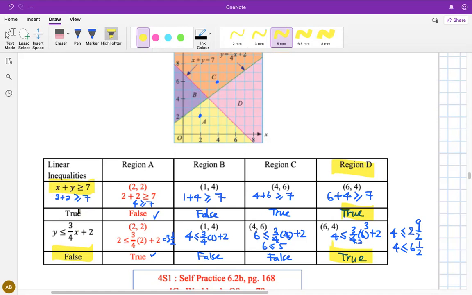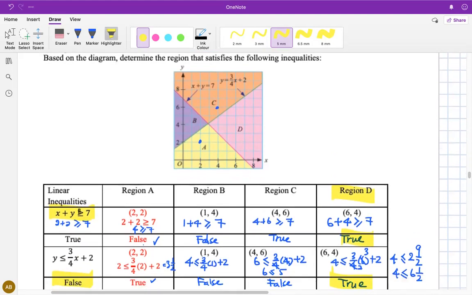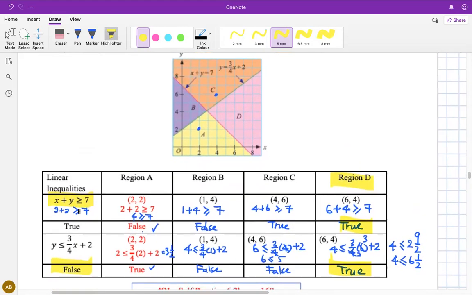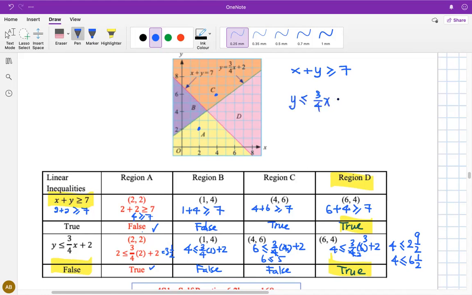Okay. Now, there's another way. So let me show you another way. So what we do is, very easy. x plus y bigger than 7. And then the other one is y less than 3 over 4x plus 2.